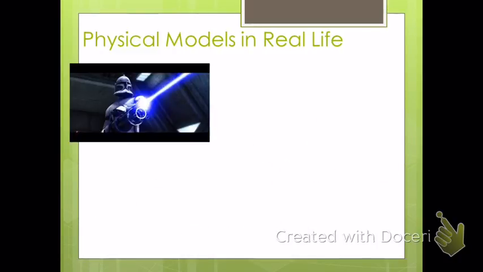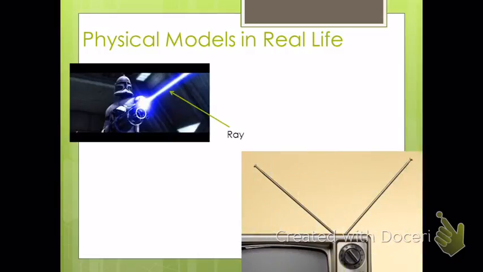All right, some physical models in real life. So what do you think this might be? A line, a point, a ray, angle? It's a ray. How about this one? Yep, it's an angle.